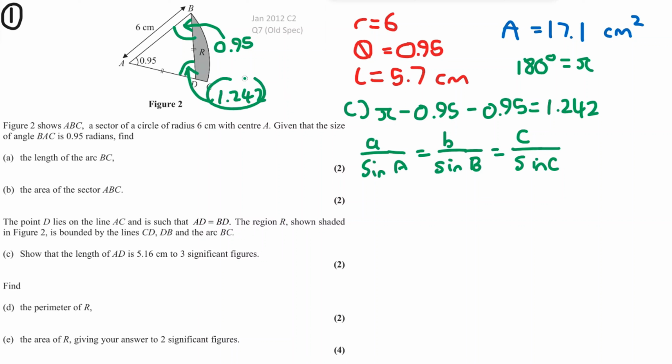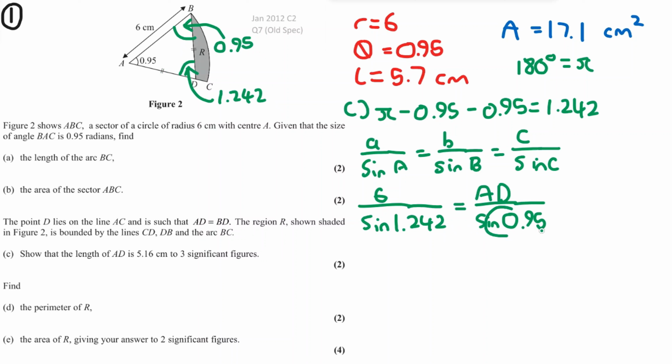So we have this opposite angle and side here, so the side is going to be on top, so it's going to be 6 over sin of 1.242 radians, like this, and this is going to be equal to, so we need to find this side here, so let's just call this AD, over sin of the opposite angle, which is this angle here, 0.95.